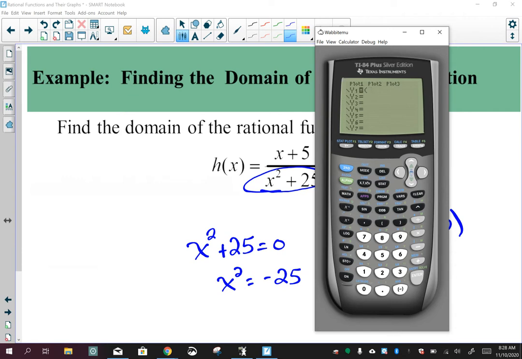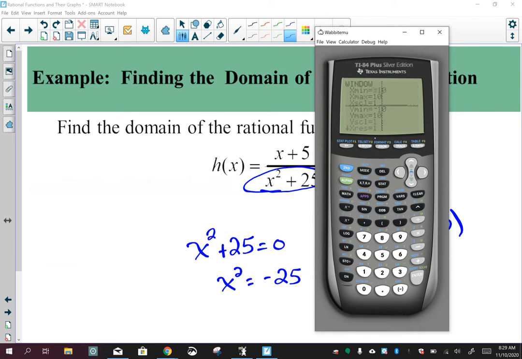We've got x plus 5, and then on bottom, we have x squared plus 25. And hit graph. Yeah, that's what I got.